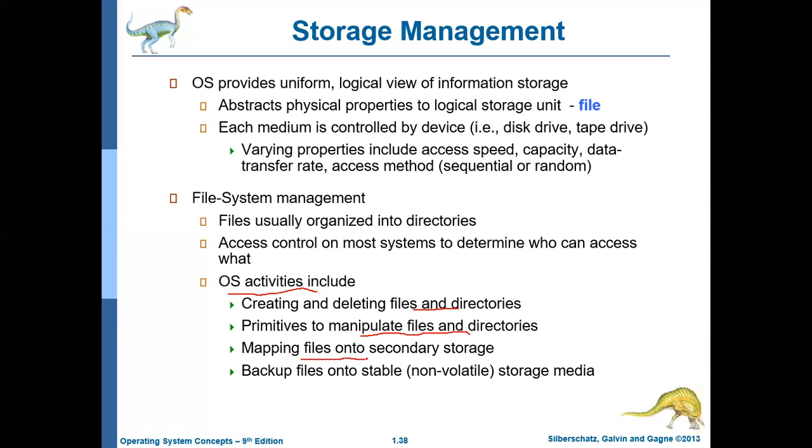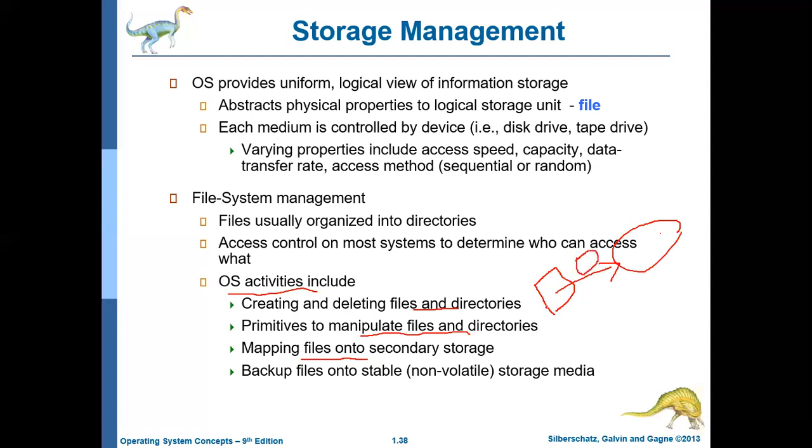Mapping files onto secondary storage. Because a file is a logical entity, it is not the real entity. So every file should be mapped to some space in the physical storage device. If you have a file here, then it should be mapped onto the hard disk at some location, at some tracks and sectors. This mapping is hidden from the user.